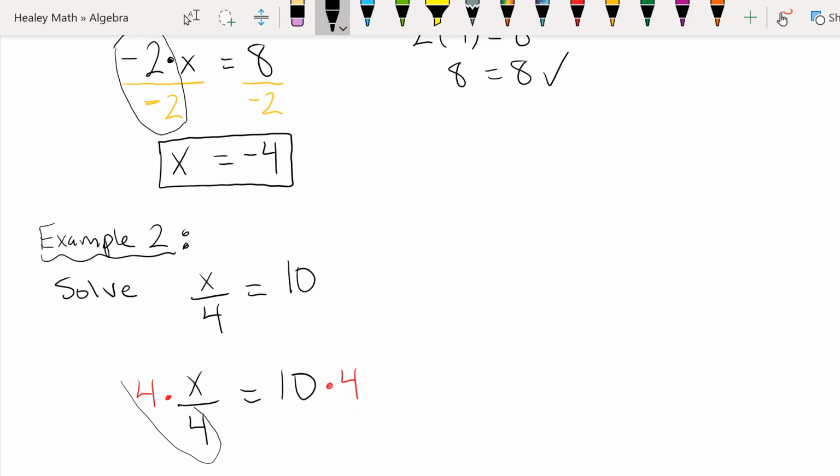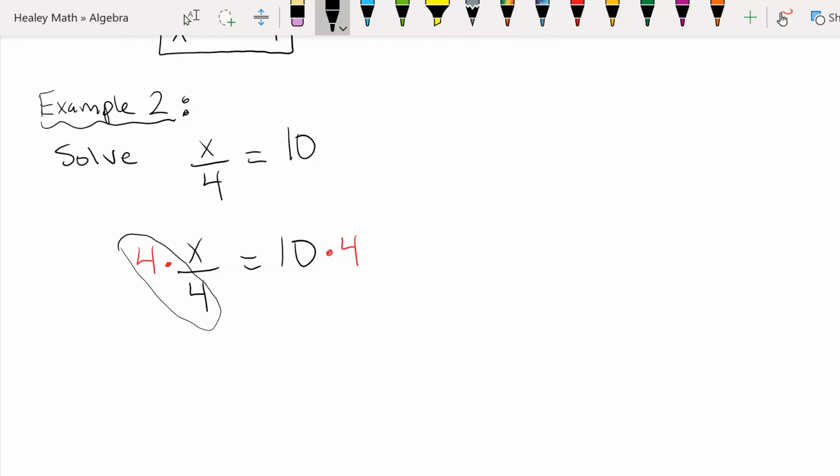And we know 4 divided by 4 is equal to 1. So we have 1x equals 10 times 4, which is 40. So our answer is x is equal to 40.